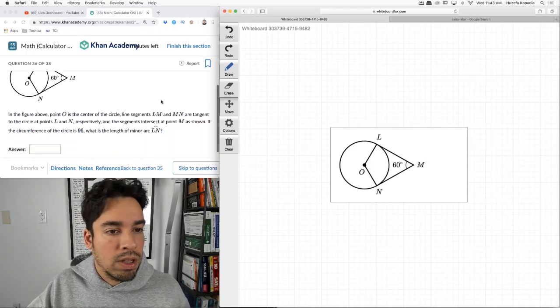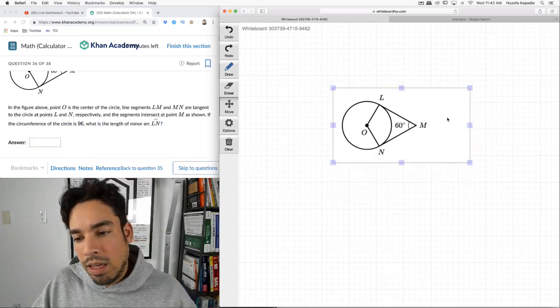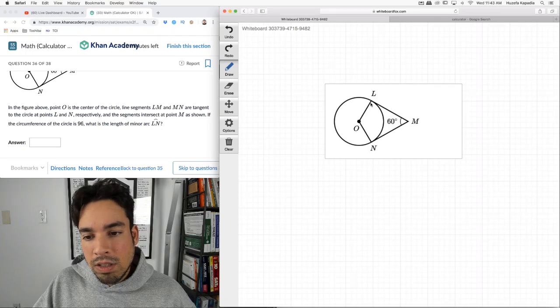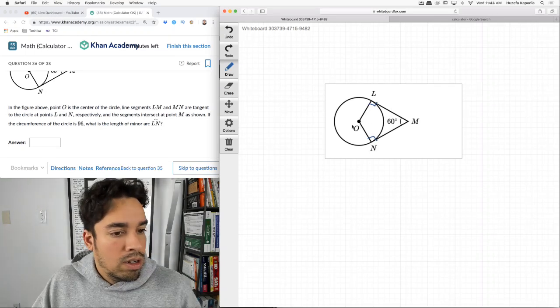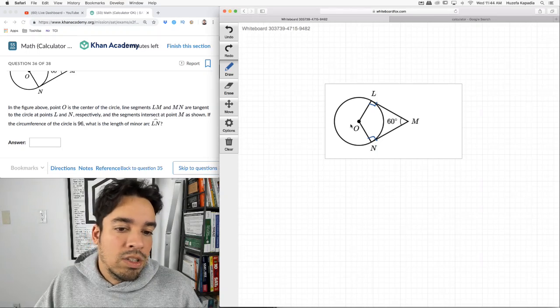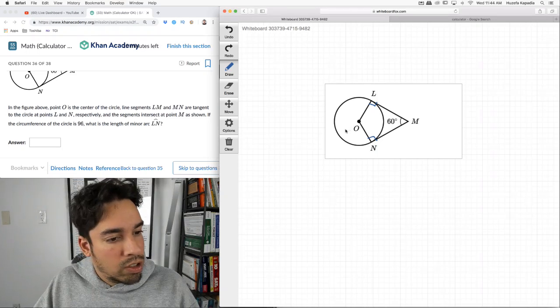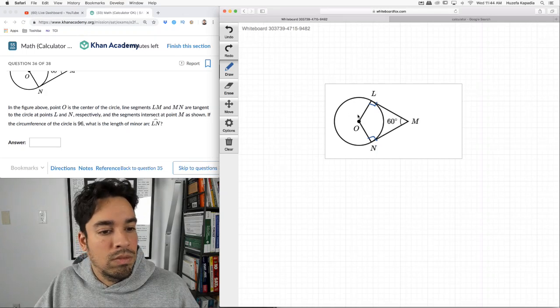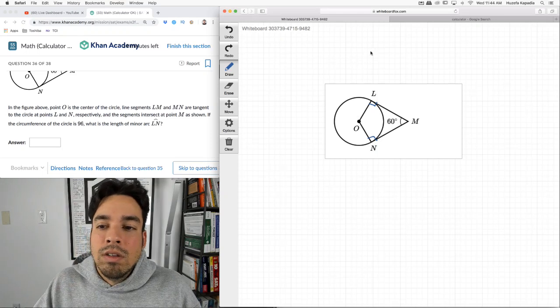So we're going to finish with a lot of time left. In the figure above, O is the center of the circle. Segments L, M, and N are tangent, meaning right angles, and the segments intersect at point M as shown. If the circumference of the circle is 96. Hold on.